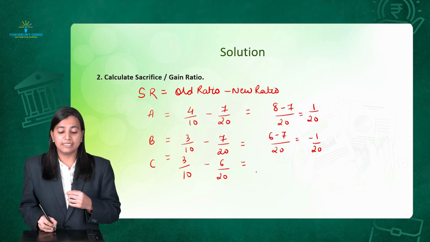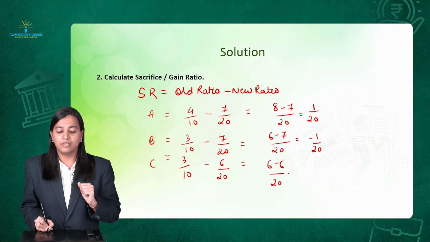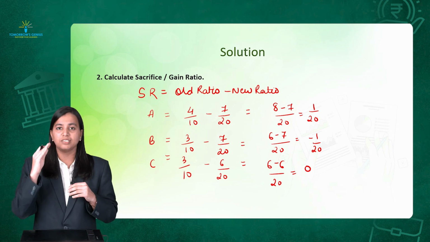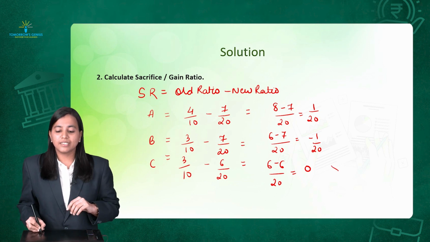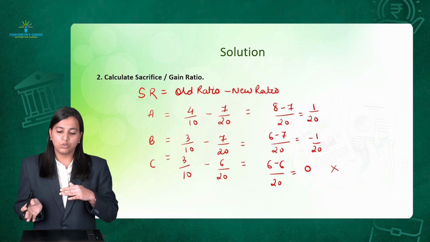And finally C. In this case, again I will be multiplying the 3 by 2, so 6 minus 6 upon 20. That is 0. Zero divided by any number is 0 only. So I can say C has neither gained nor lost.